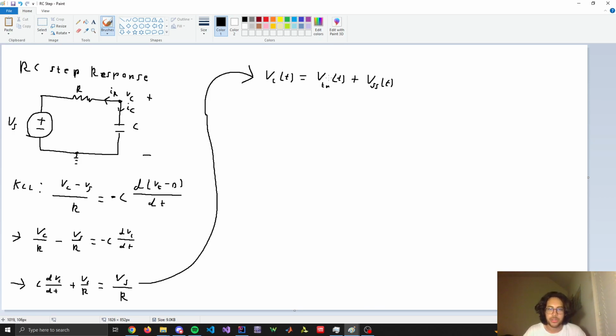So we have to add these two things together. And where this comes from is right from differential equations class. The solution of a non-homogeneous differential equation would be the homogeneous solution plus the particular solution.